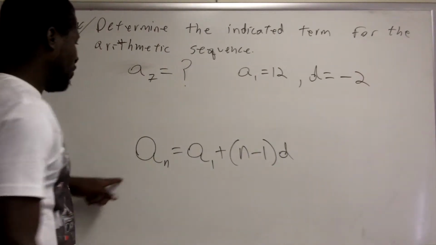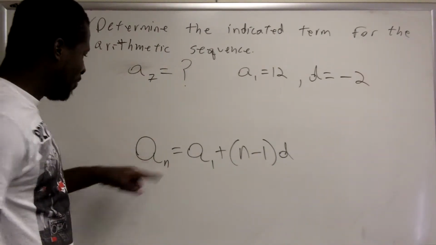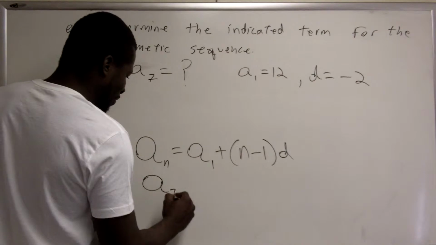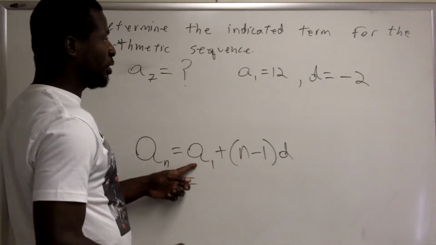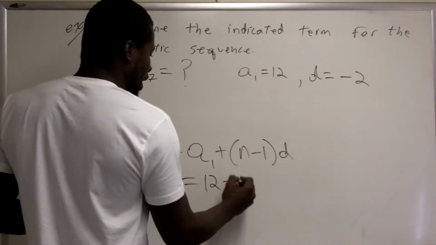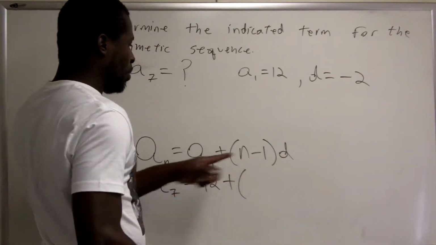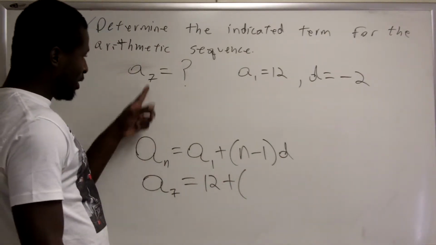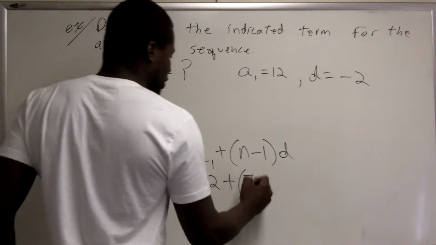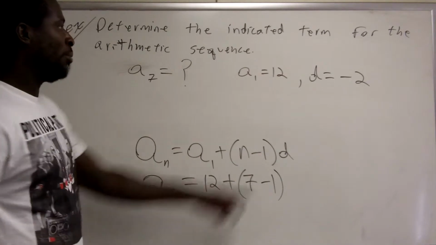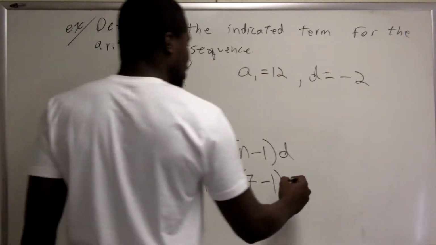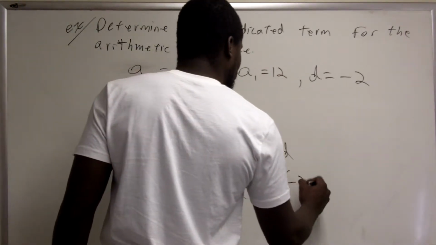Based on this formula, if I want the seventh term, I take the first term, A1, which is 12, and I add to it n, but n is the number 7. We just established that. We're looking for the seventh term. So that's 7 minus 1 times D, which is -2.